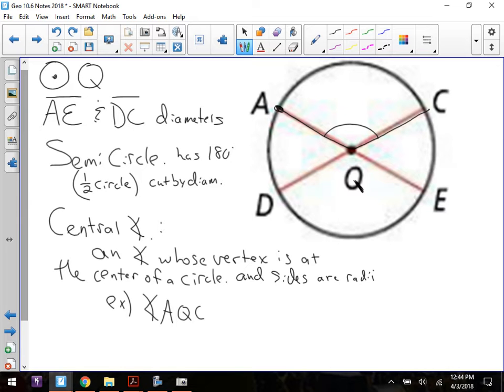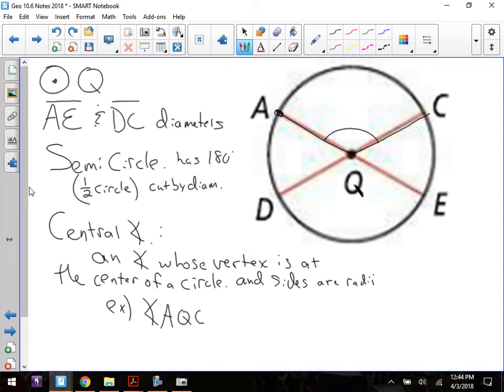Central angle, angle at the center. The angle at the center intercepts a portion of the arc of the circle. This is called an arc. An arc is a segment that's on the circle.